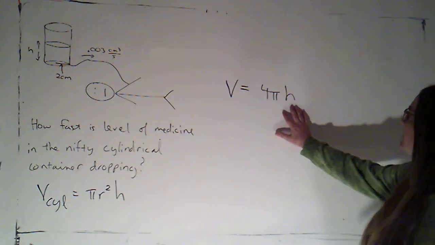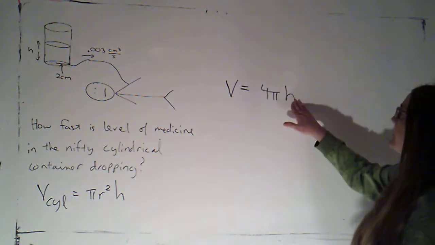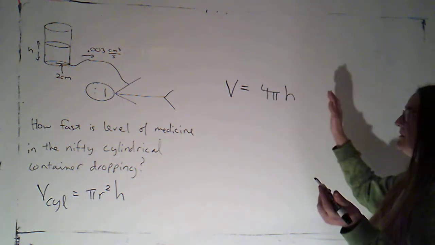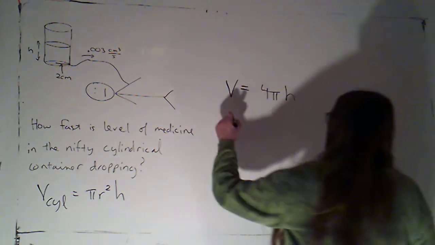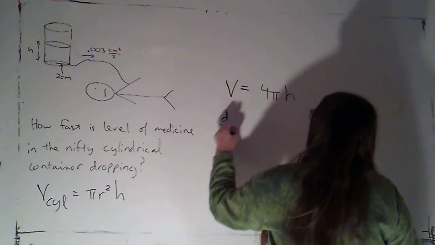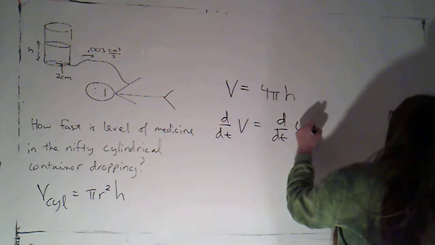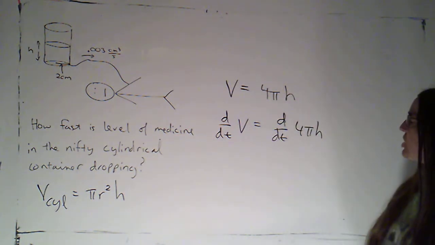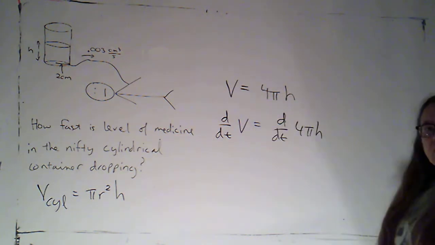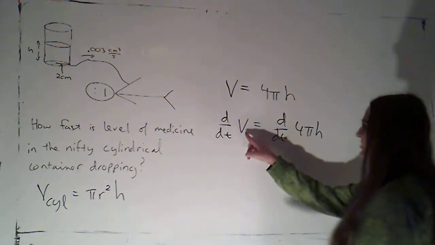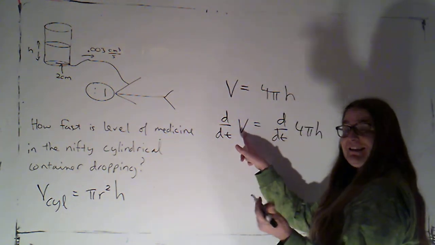Okay, so here we've got it. That's a function of time. That's a function of time. Let's take the derivative with respect to time. So the derivative of V is going to equal the derivative of 4 pi H. Now here I really don't have function compositions. That's just V. I'm not plugging that into anything.